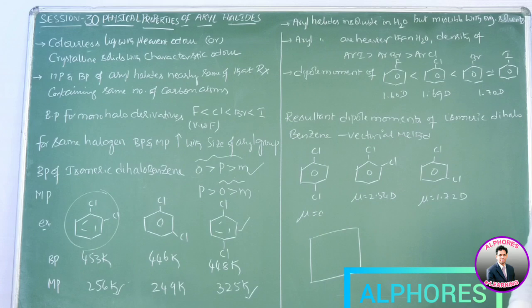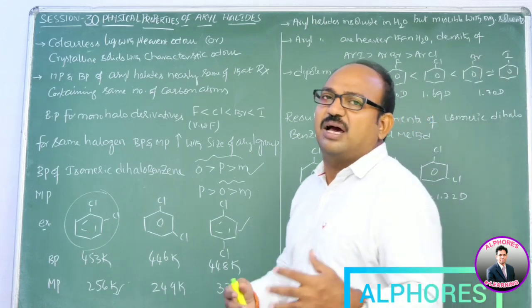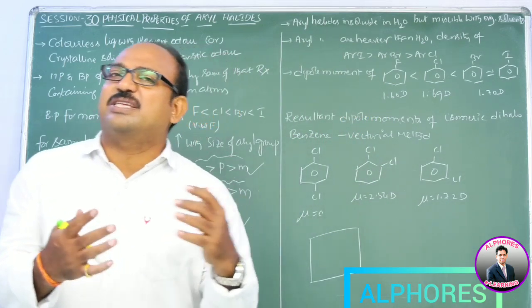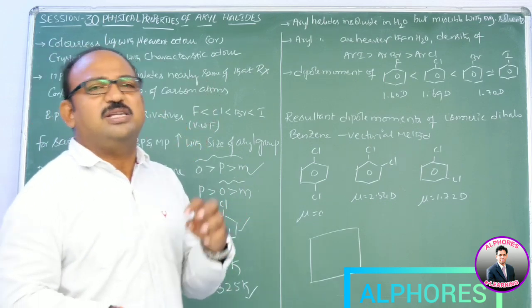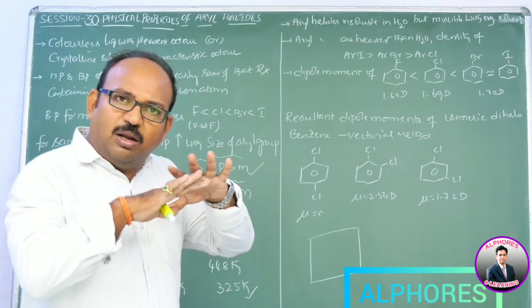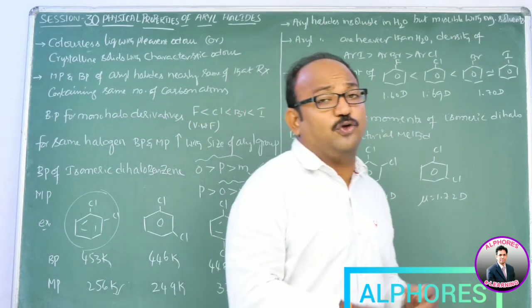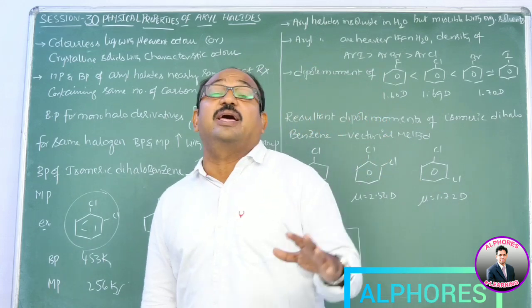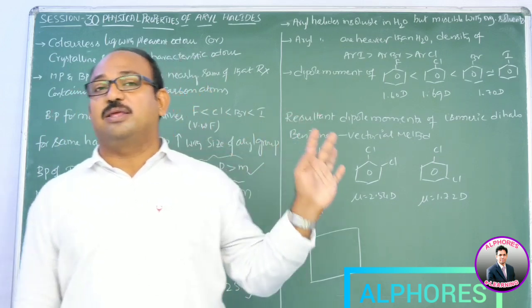Aryl halides are heavier than water. In case of alkyl halides, we discussed one more point: fluorides and chlorides are lighter than water, whereas bromides and iodides are heavier than water in case of monohaloalkanes.